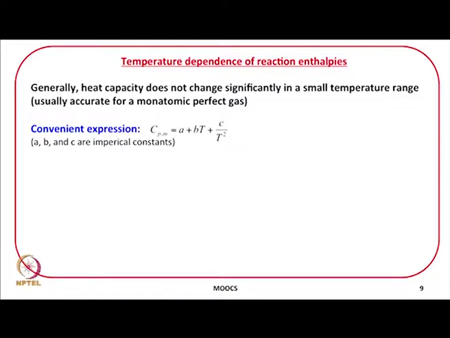In case the heat capacity is not independent of temperature, then a convenient expression, again an experimental observation, is that molar heat capacity Cpm usually varies with temperature according to A plus B T plus C by T square, where A, B and C are empirical constants.